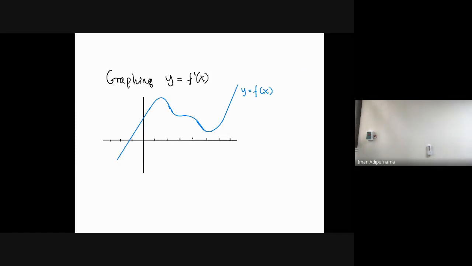And probably you can also use the second derivative to check, because you can use that to check when the graph changes from upwards to downwards, or downwards to upwards. You can also check that.